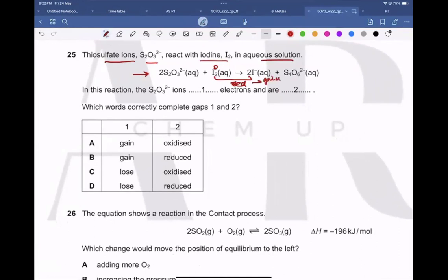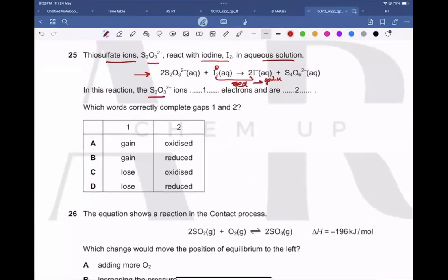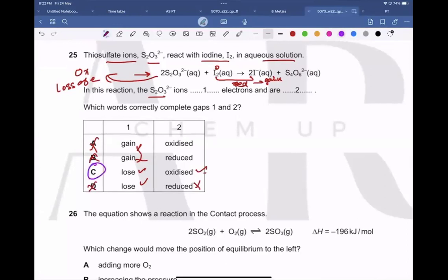If iodine is doing this, then thiosulfate is doing exactly the opposite. So it is being oxidized, with loss of electrons, right? So the ions lose electrons. So A and B go wrong. And when loss of electrons occurs, it's oxidized. So D goes wrong. C is the correct answer.